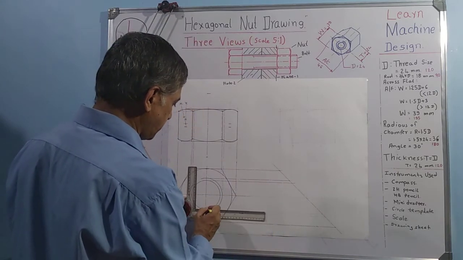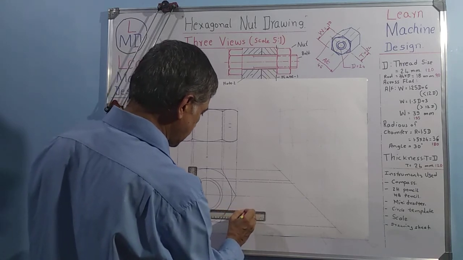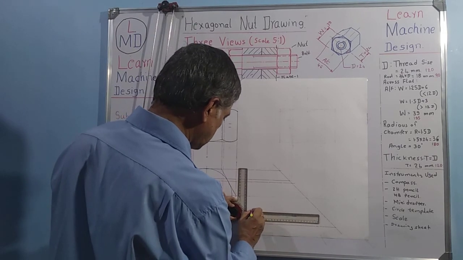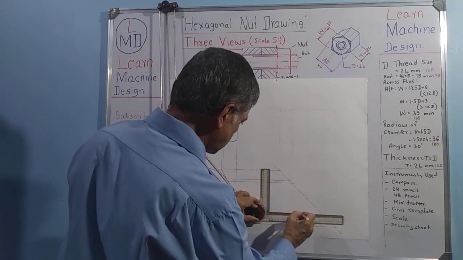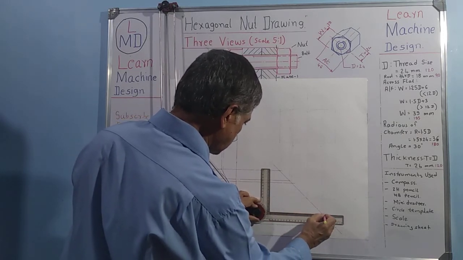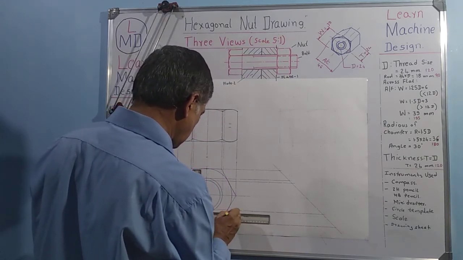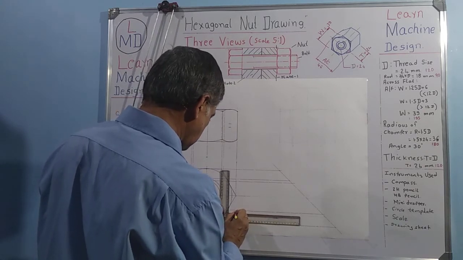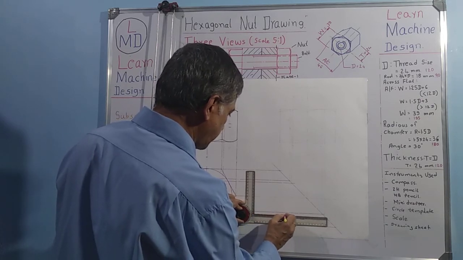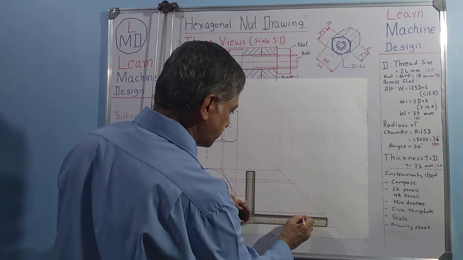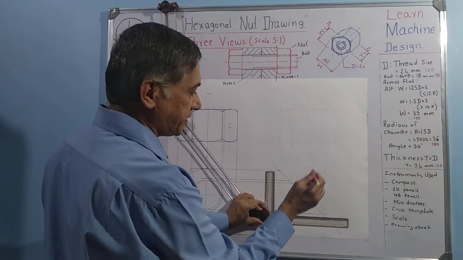On the bottom side also we have to do it in a similar fashion. While drawing, some error will come, but definitely we have to adjust something, because this error is because of our scaling error or some writing error.